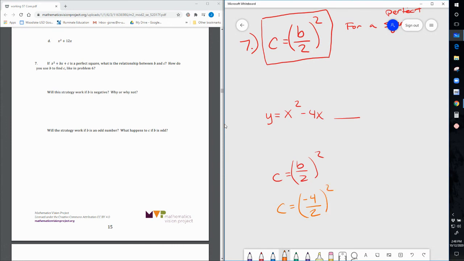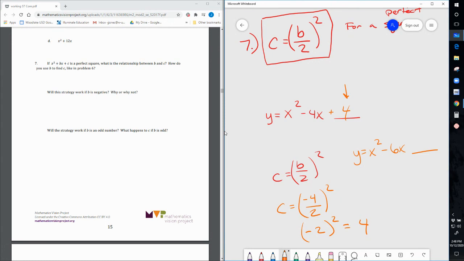Negative 4 divided by 2 is negative 2, and negative 2 squared, or negative 2 times negative 2, is 4. So yes, it does work, but you always get a positive number of c squares. If it's a perfect square, you're always going to have a positive number of c squares. See if you can do this for funsies. If I gave you the equation y equals x squared minus 6x, what's your answer going to be? I bet you can figure it out pretty quick.